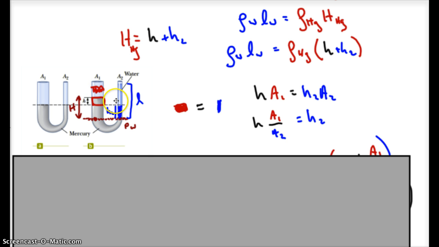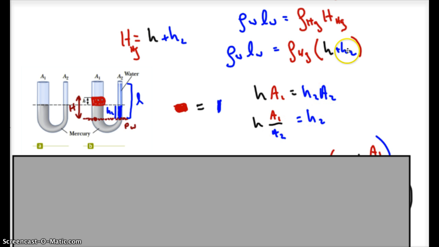So as you added water here and pushed the mercury down, that amount of mercury is what got pushed up. So what I'm showing you is that this red cylinder and this blue cylinder would be equal volumes. So what we can do is let h times A1 equal H2 times A2.